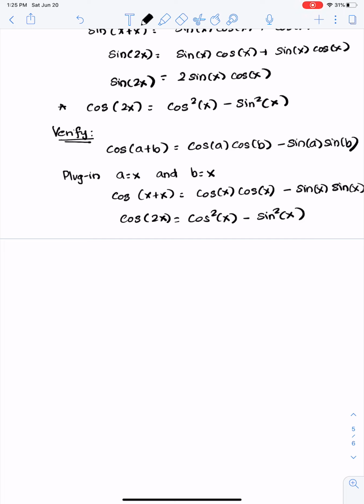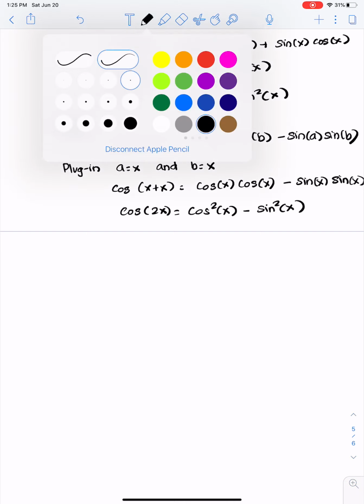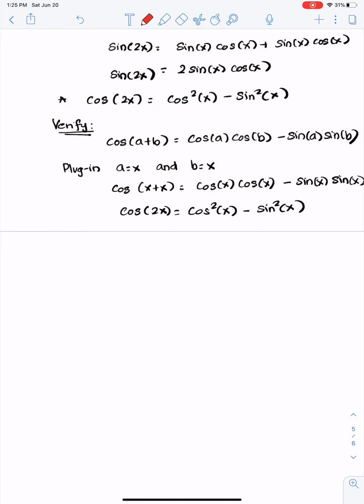There are multiple ways to rewrite this particular expression with a very simple identity. This is also an important identity. Sine squared x plus cosine squared x is equal to 1. It's quite important.